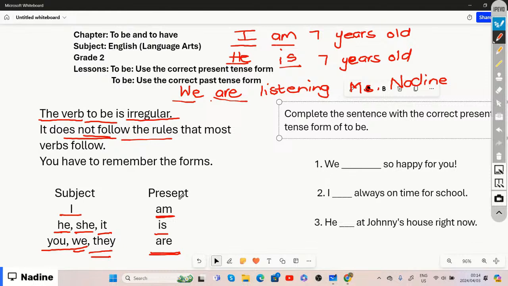Do we say we am so happy for you? We is so happy for you? Or do we say we are so happy for you? What present tense verb do we have to use with the word we? Which verb is the correct verb that must go with our subject we?